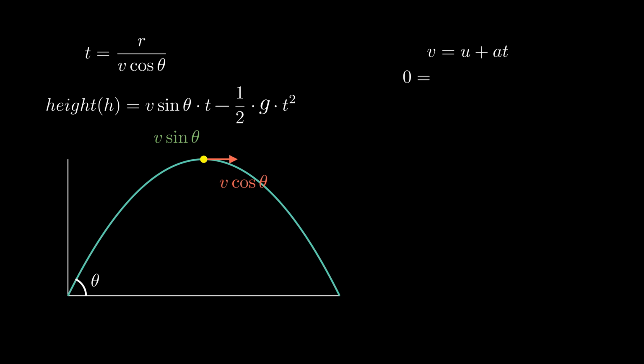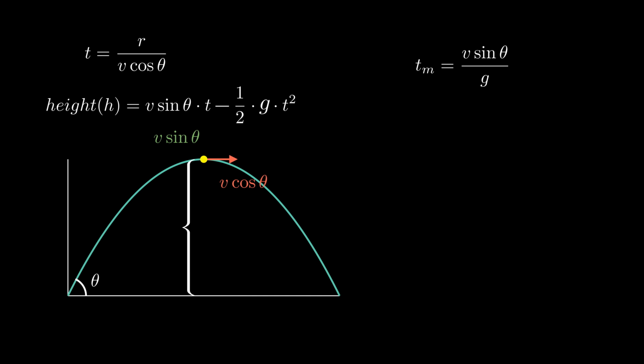In our case, final velocity is 0. Initial velocity is v sine theta. Acceleration is gravitational acceleration g acting opposite to the direction of motion, so negative. And the time is our time of maximum height. And this gives us the value of the time of maximum or peak height.